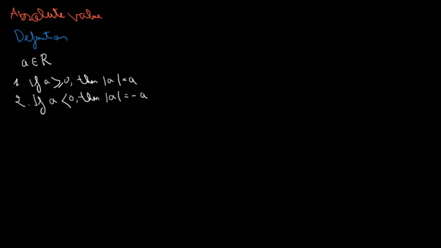To give some examples, suppose I have a real number. Now I'm going to just take 2, for example. The absolute value of 2 is simply itself, 2. Let me take another number, minus 1/4.